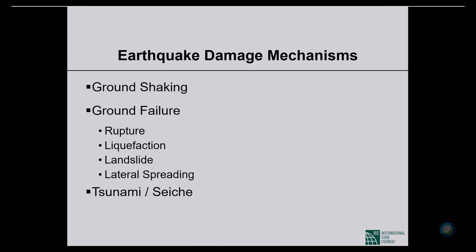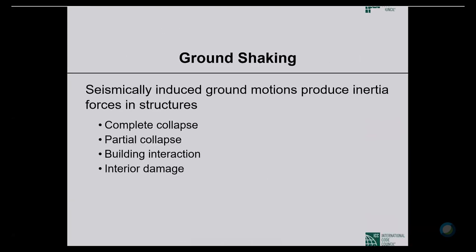But there is also ground failure, which can be rupture of the ground in an earthquake, liquefaction of the ground, landslide, or lateral spreading of the ground. Then there is tsunami and Seiche, which are similar things, and we will explain.